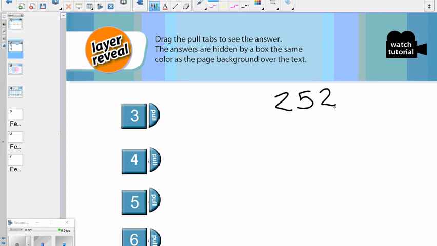What we want to do is come up with ways to see if this number is divisible by 3, divisible by 4, divisible by 5, and divisible by 6.